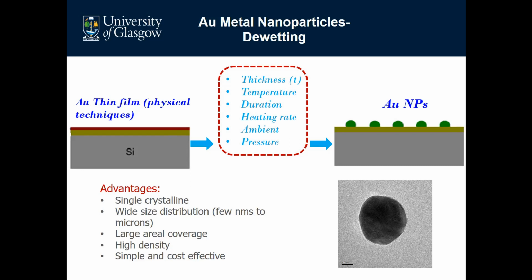Among these, the initial film thickness and the temperature play a crucial role in determining the final particle size. The main advantage of this technique is that whatever size we produce, it's all single crystalline. And using this technique, we are able to produce a wide size distribution, from sub 10 nanometer to micron sized particles.